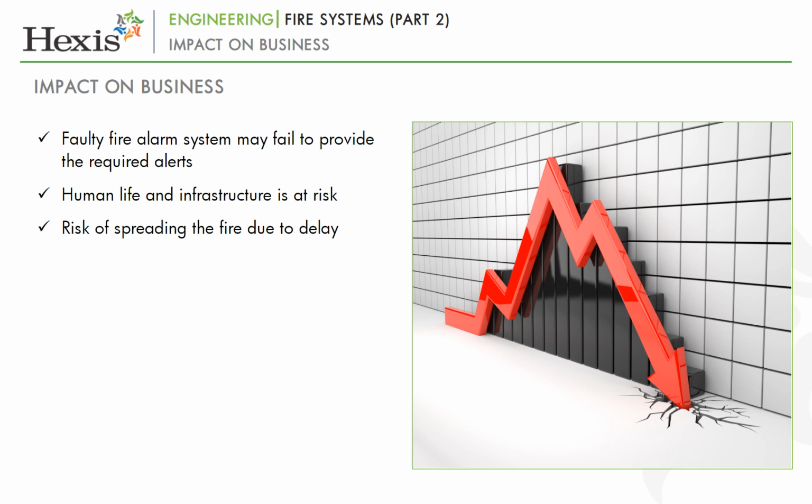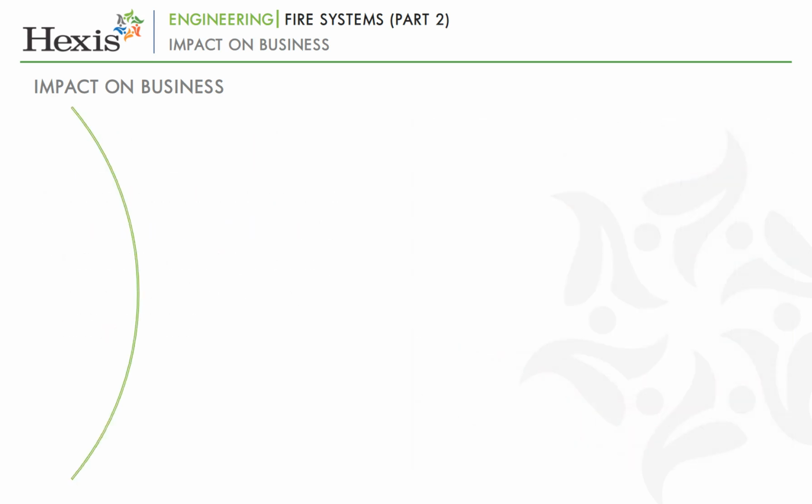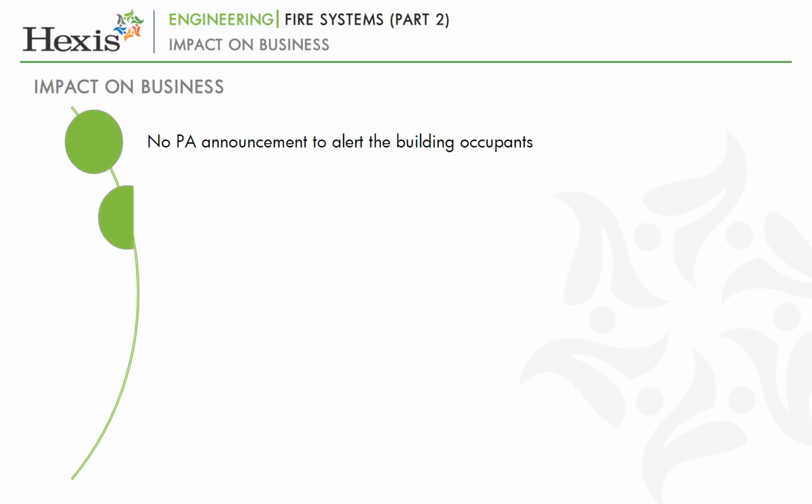In addition to the direct impact of delayed reaction, there will be collateral risk created since a non-operational or a sub-performing equipment will also not send the required signals to other facility equipment to act in accordance with the programmed fire safety actions. It means that there will be no announcement on the PA system alerting the occupants of the need for evacuation. The elevators will continue to function, causing secondary risks of people stuck in the elevator.